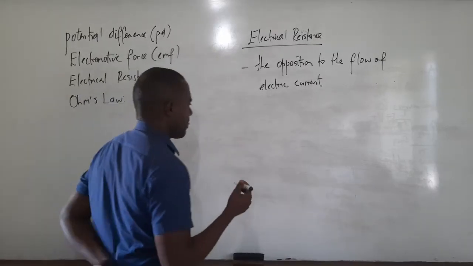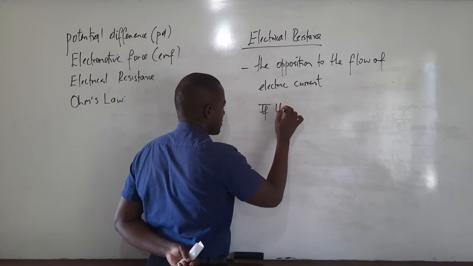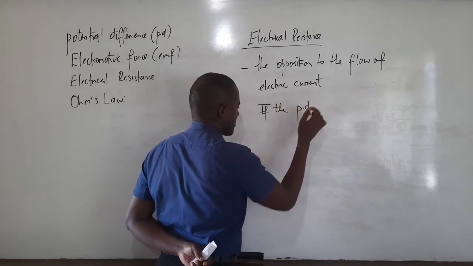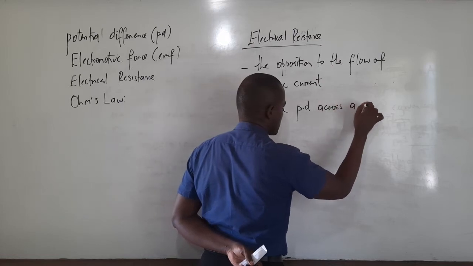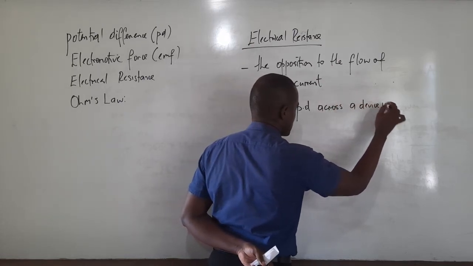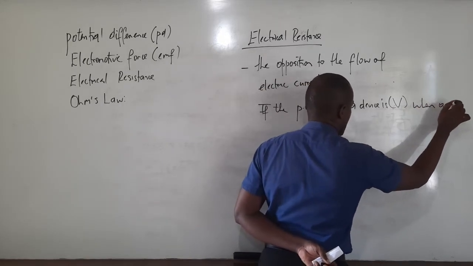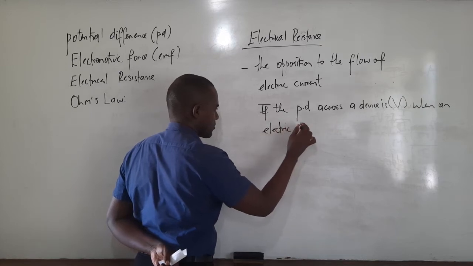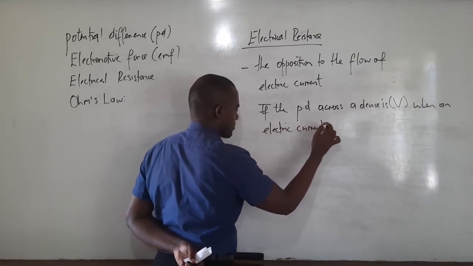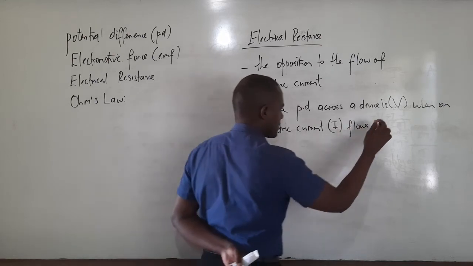So let's say the PD across a device is V when an electric current I flows through it.